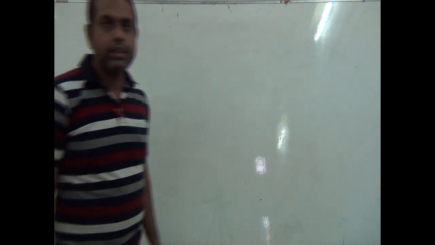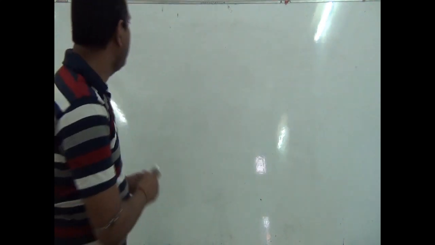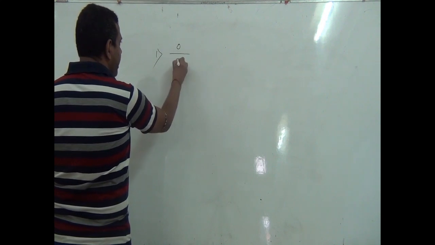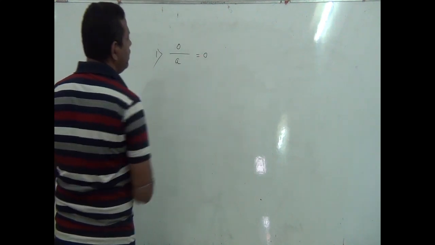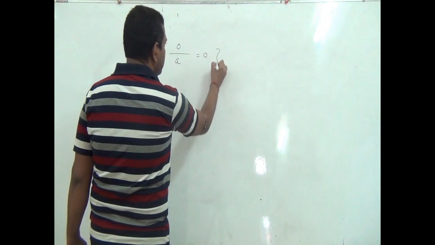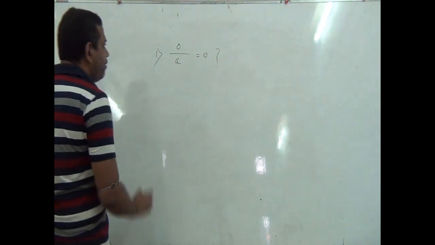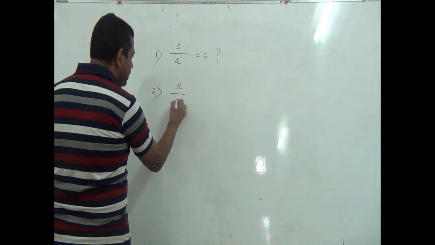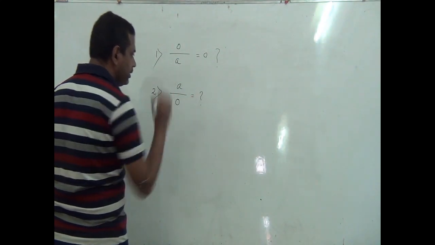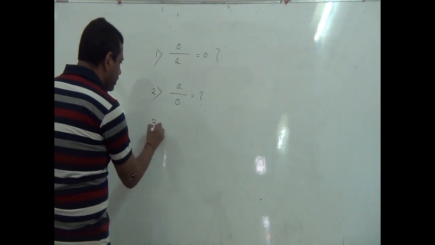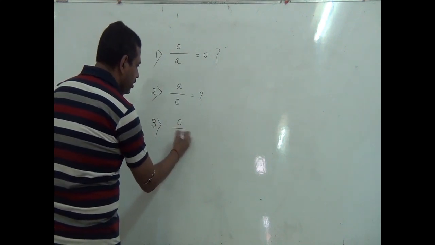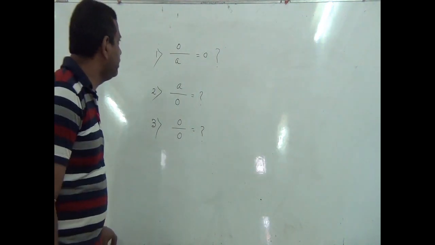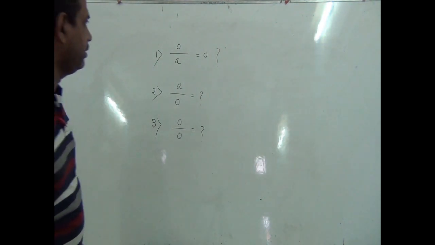Now we discuss the basic thing of division. Already we know that 0 divided by any number is 0. But why? This is the question. Now I want to ask a second question: anything divided by 0, what is your answer? And number 3, 0 by 0, what is your answer? First one, 0 divided by any number.